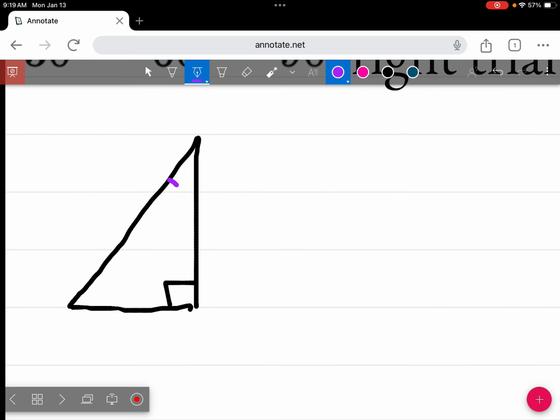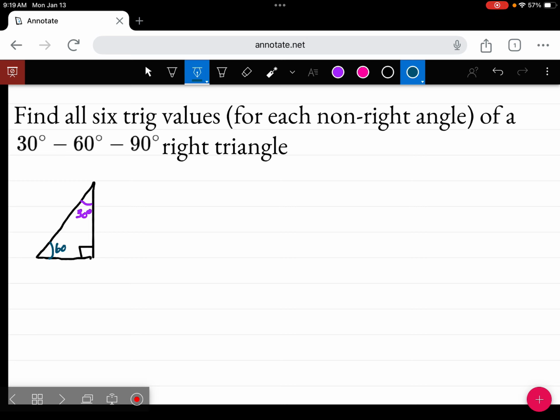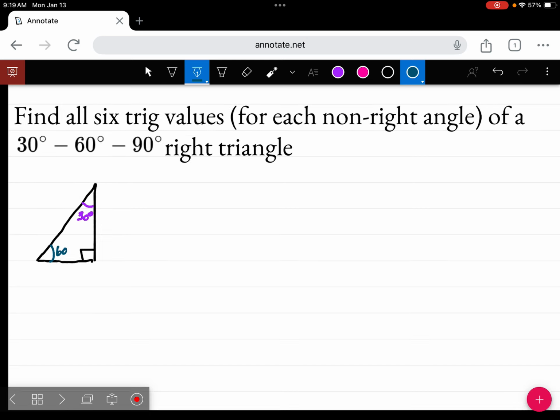So I've got here my 30 degrees, and this guy is my 60 degrees. What's tricky to picture with our 30, 60, 90s is that they're not giving us anything about our sides.